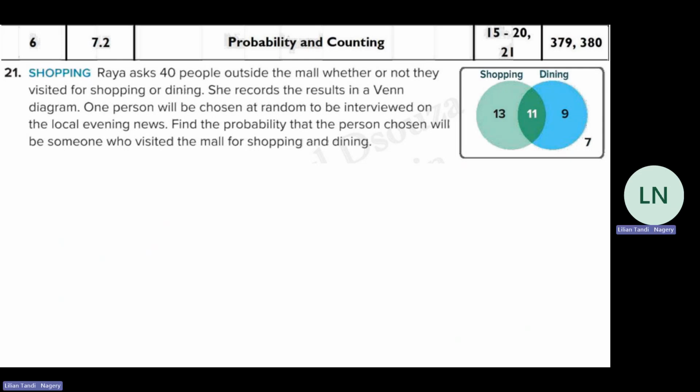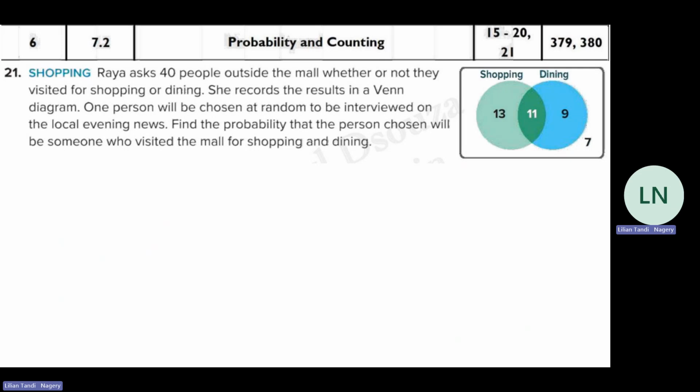And then 11 people did shopping and they also had some food. And there were people who just went to eat, and those were 9. And then there were people who just went to the mall to do nothing. They did not shop and they did not dine. So maybe they were working at the mall or they just came to the mall to walk around.